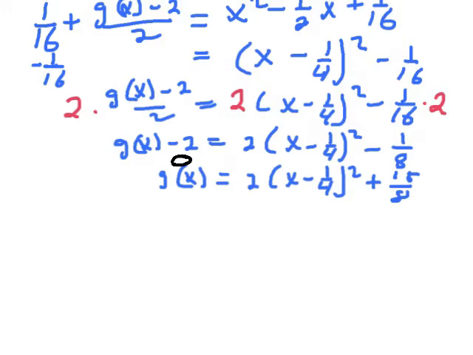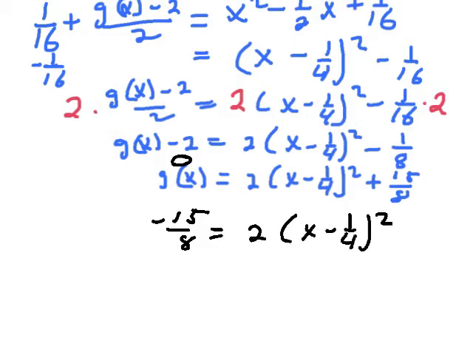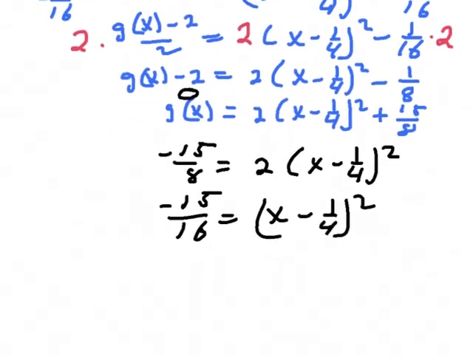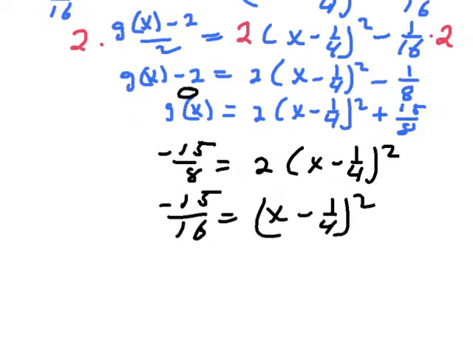So I'm going to subtract 15/8 from both sides, so it's going to be negative 15 over 8 equals 2 times the quantity x minus 1/4, that quantity squared. Then I'm going to divide by 2, so that gives me negative 15 over 16 is equal to x minus 1/4, the quantity squared. Alright, next I'm going to take the square root of both sides.